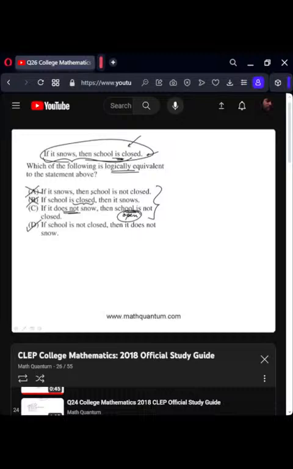But the school could be closed for some other reason, so again that one is also out. So we're left with choice D, that is if the school is not closed, meaning that the school is open, then we know for sure that it doesn't snow, because we're told that if it snows then the school is closed, so the answer is D.